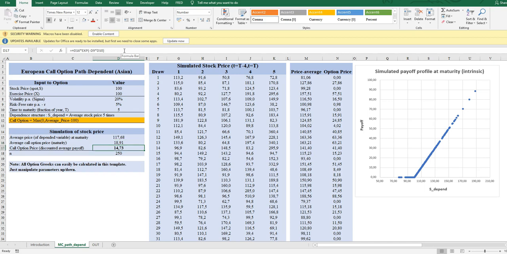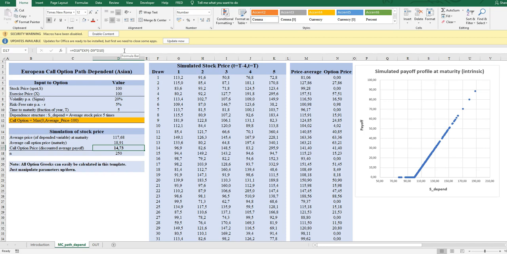I need to discount the value today, and as I said, each period must be discounted by 5%, because that's the known return. It's not expected, it's the known return of the replicating portfolio. So to avoid arbitrage in the structure, we need the call option price to be 14.73.